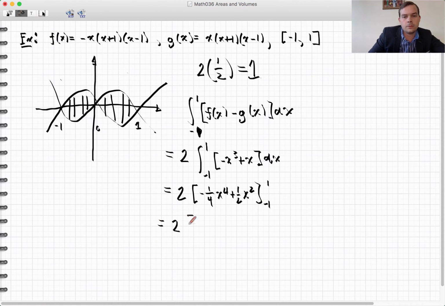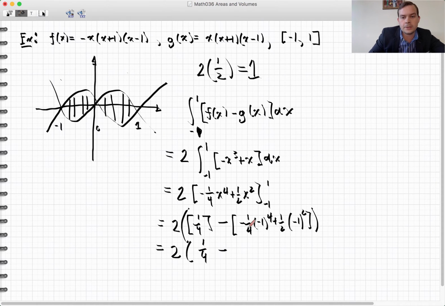I'll have 2. So again, the upper limit is going to be -1/4 plus 1/2, which is 1/4. But then the lower limit is going to be -1/4 times -1 to the 4th plus 1/2 times -1 squared. When you evaluate this, you get 2 times 1/4 minus, well, this will be, again, -1/4 plus 1/2.